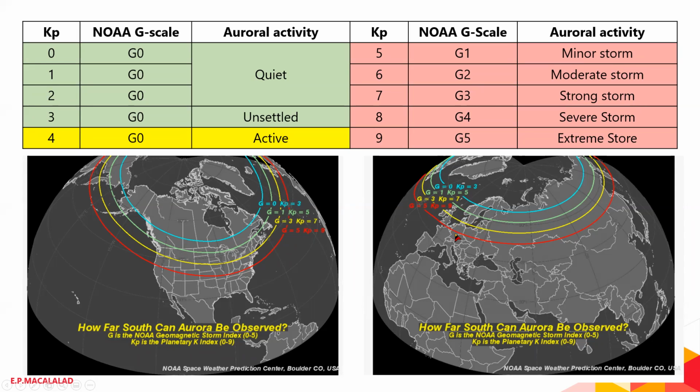But you can observe it over France and Poland if you have a strong geomagnetic storm of G class 5 or KP index equal to 9. So that is your geomagnetic indices.